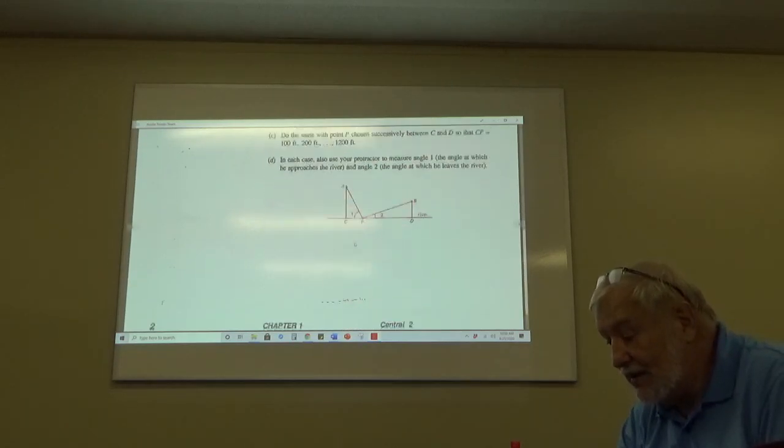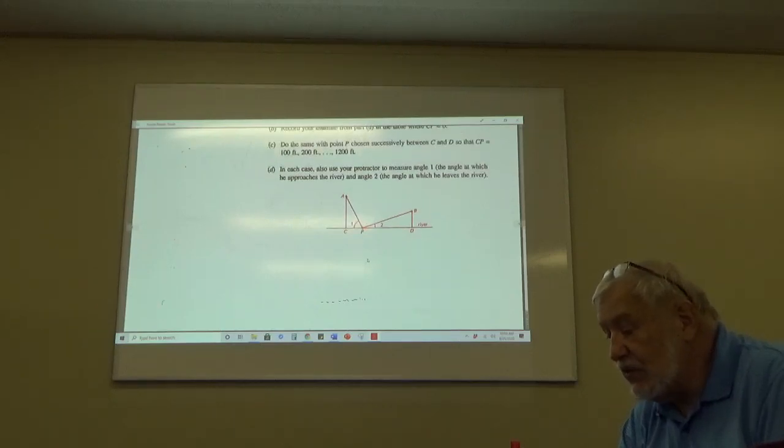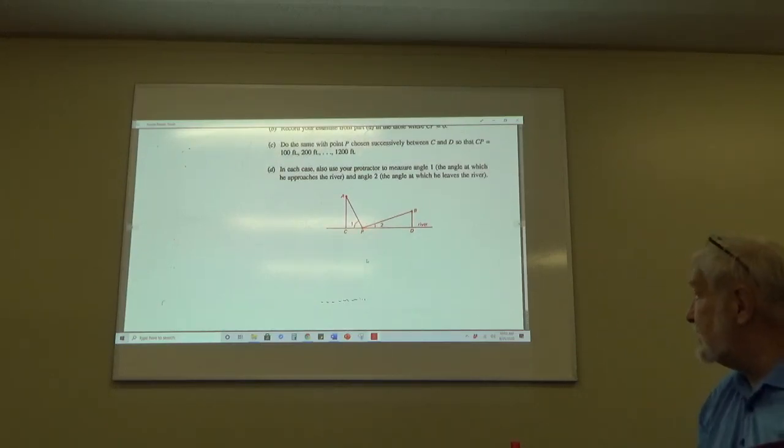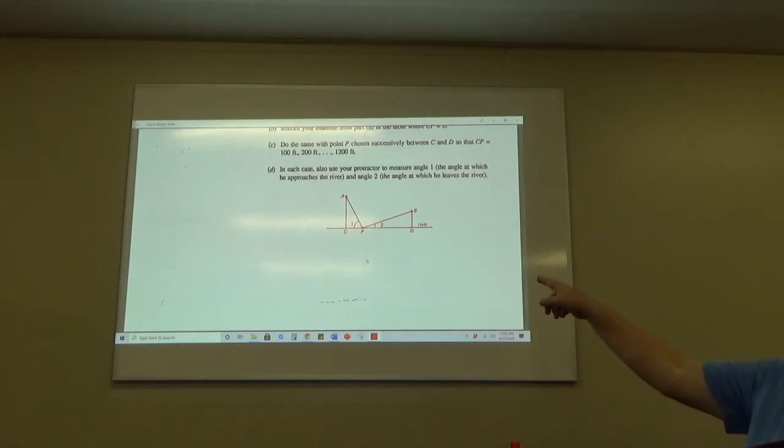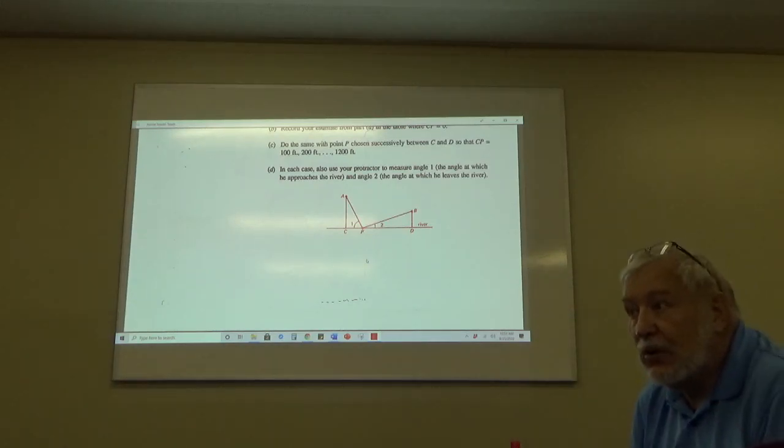Would you agree? Okay, so here's one right here. Here's an example. You start at A, you go to some point that you pick, P, and you go up to B. You measure the distances from A to P and from P to B, and then you measure the lines, angle 1 and angle 2, using a protractor.